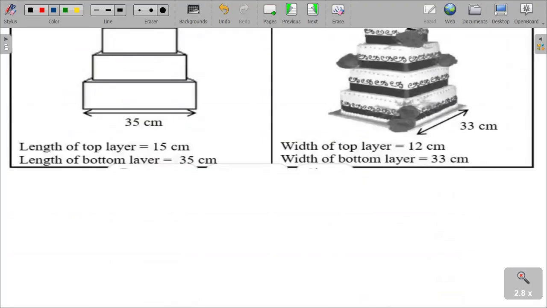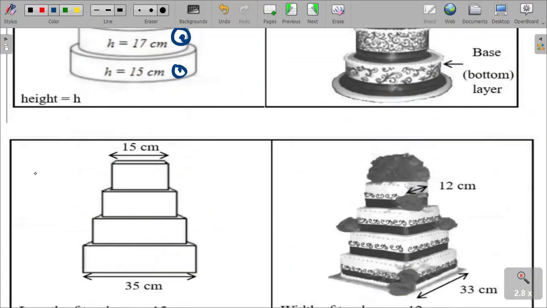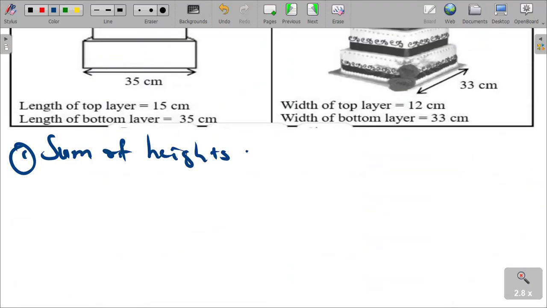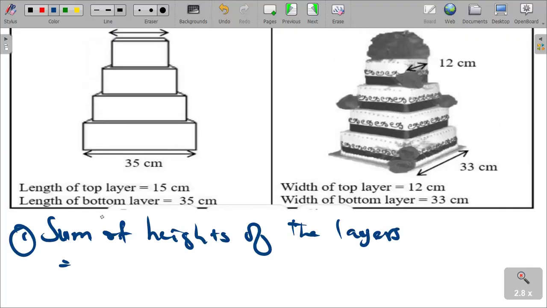The sum of the heights of the layers of cake 1. How do we get that sum? We are only adding the figures that we are given there.